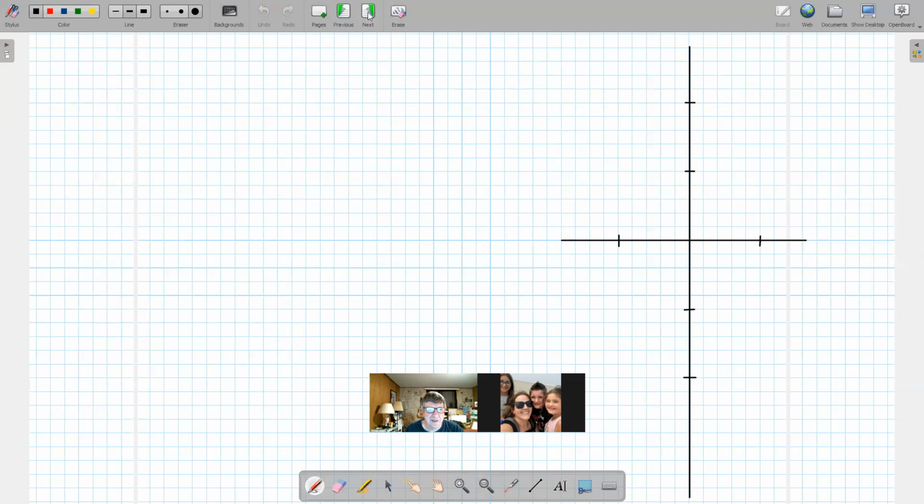So let's start over and say, okay, if we have y equals b to the x, b cannot equal 1. If b is greater than 1, the graph increases.